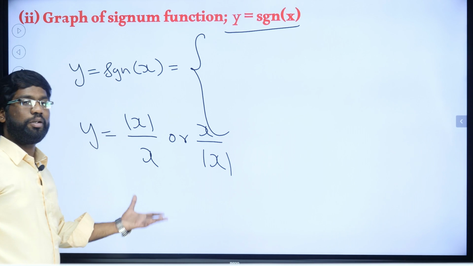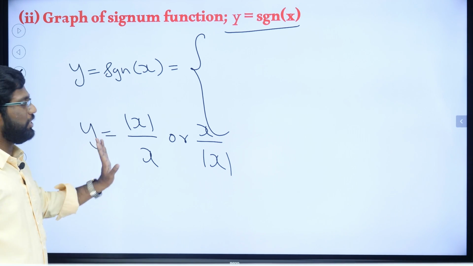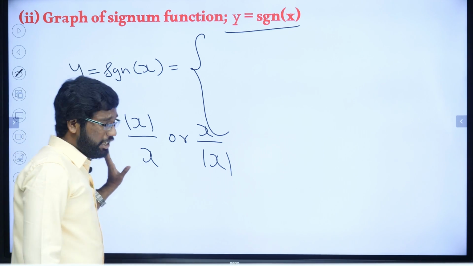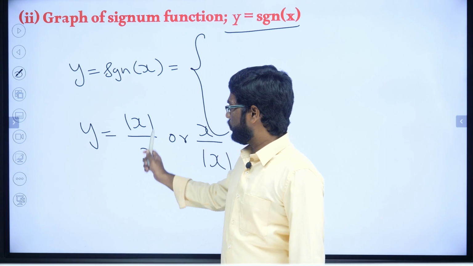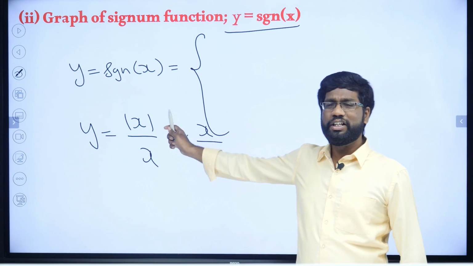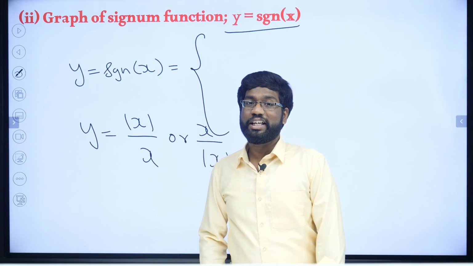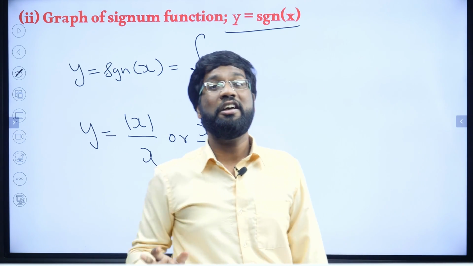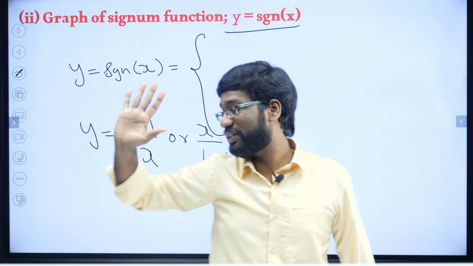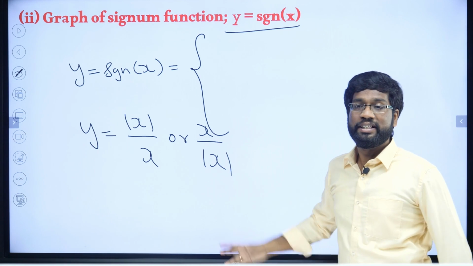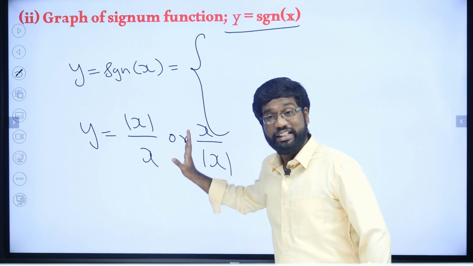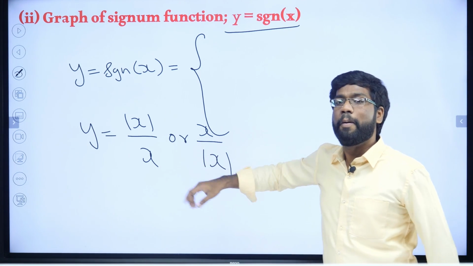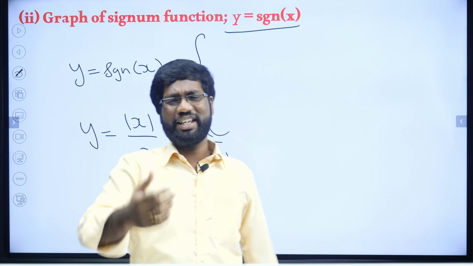In this function, the entire domain is there. You can apply whatever values you want, but the range for this function is only three values, only three independent values. See here, mod x by x, x by mod x. But why is the range only 3?